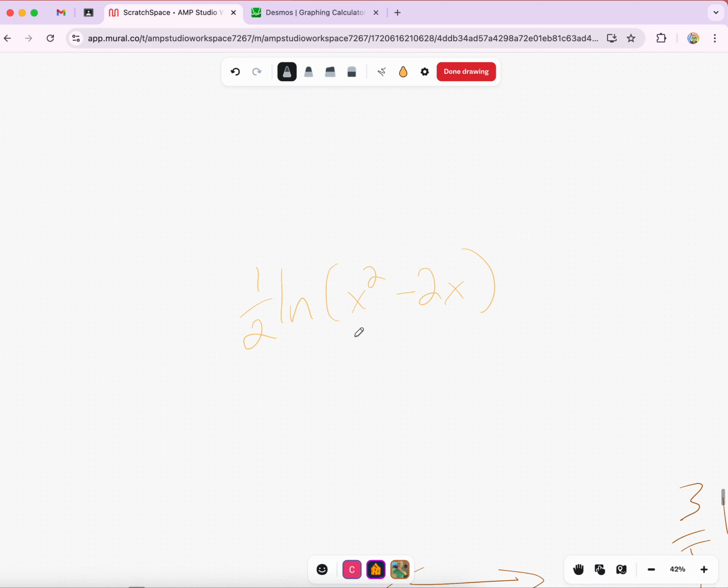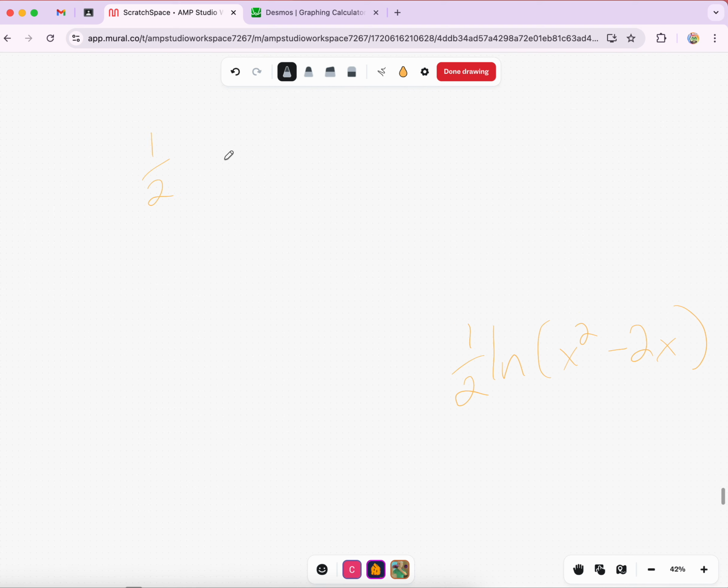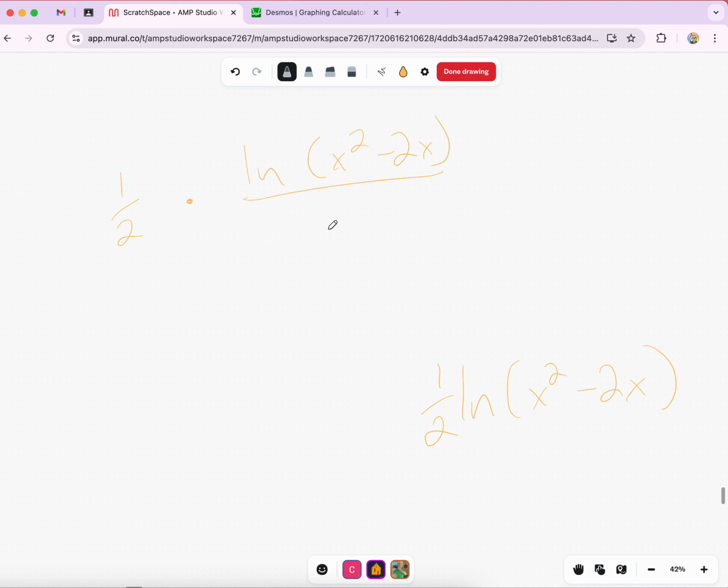So we could do this as a composition plus a product rule. So the product rule would be 1/2 and then times the natural log of x squared minus 2x, right? So that would be our product rule, and then in this half we would solve as a composition. So let's solve this half first as a composition, remembering our composition rules.